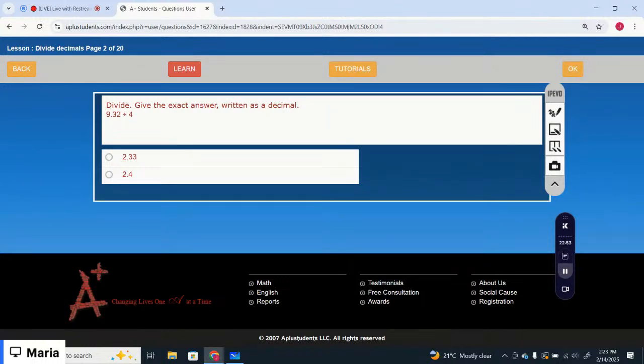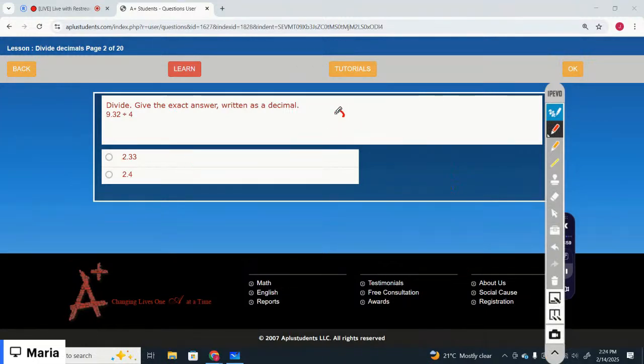9.32 divided by 4. So let's just divide, right?